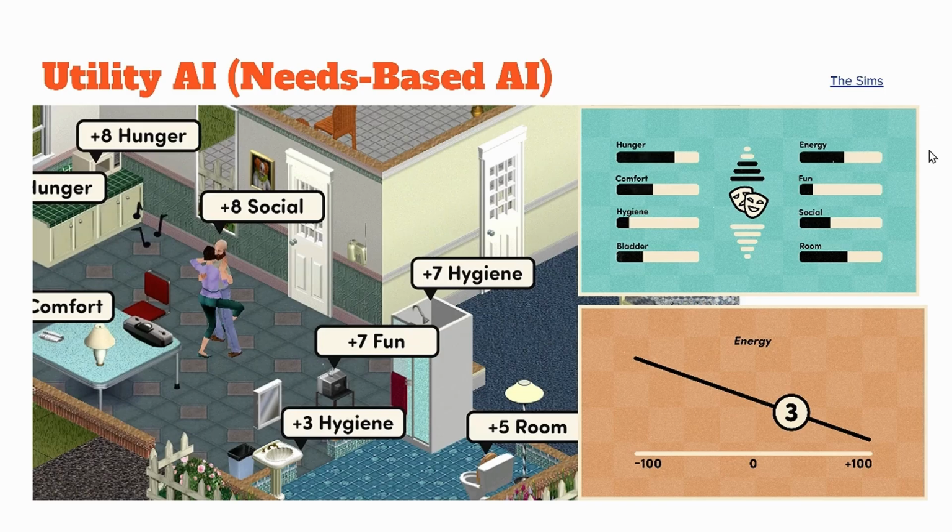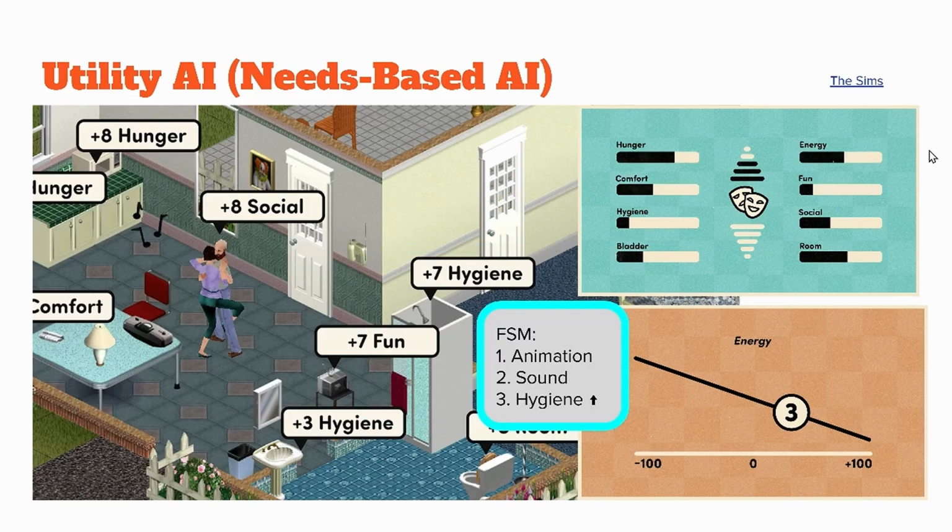In this example, hygiene is getting pretty bad. So the sim is going to look around and see what in this scene can address the hygiene need. And it'll choose this shower here. Once it's chosen a smart object, it simply follows a finite state machine that is defined on the object, which includes walk to that object, play an animation, play a sound, and increase the hygiene.